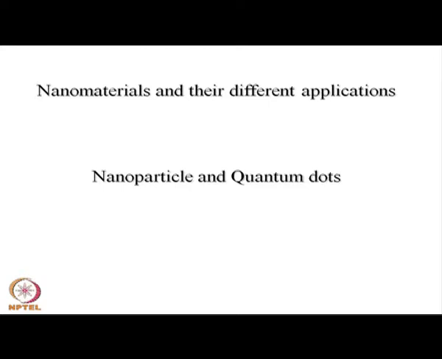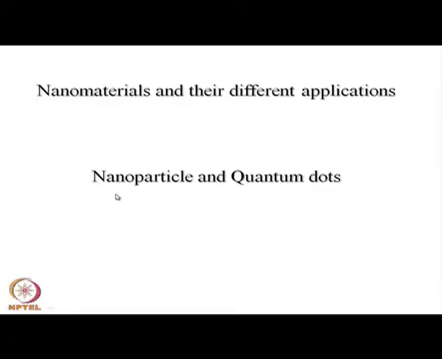Nanomaterials means nanoparticles, and another term that comes up is quantum dots, and these have fascinating chemistry and fascinating properties. I am just going to present some overview to you.